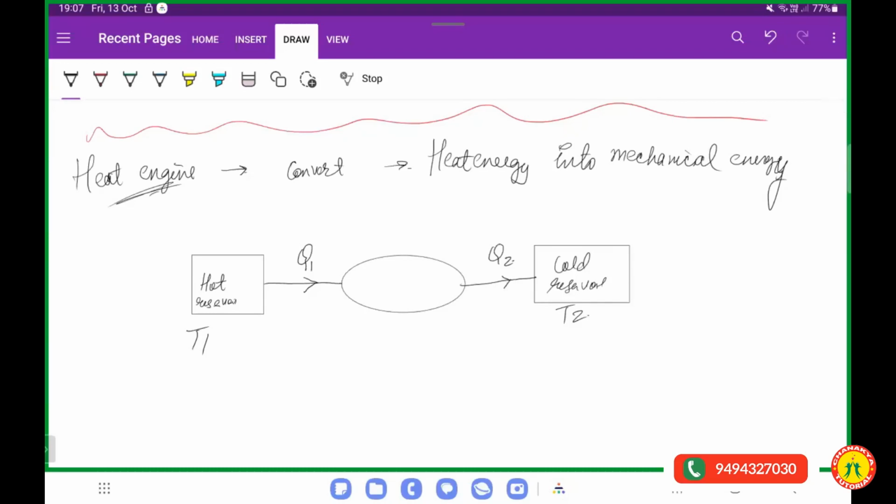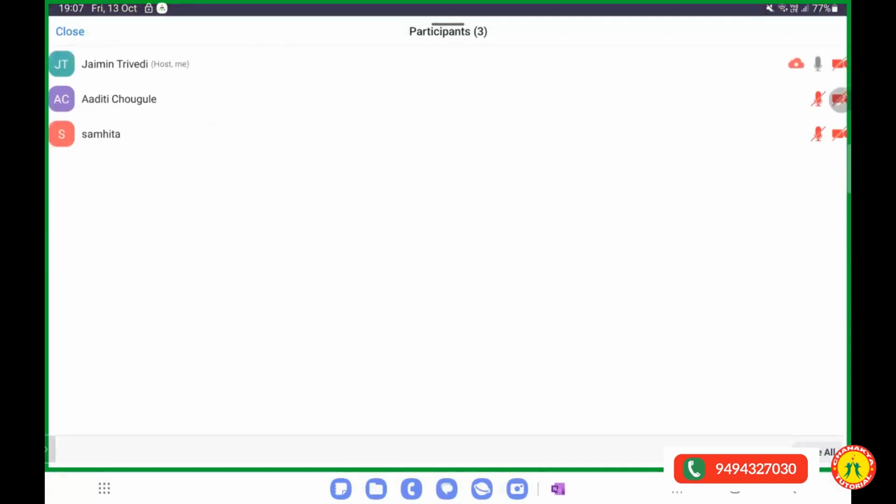Now we saw before also, when heat is supplied, some amount is utilized as internal energy and the remaining is for mechanical energy.